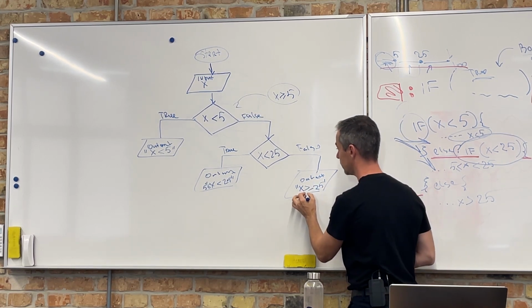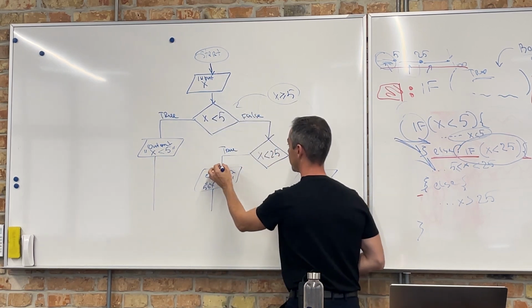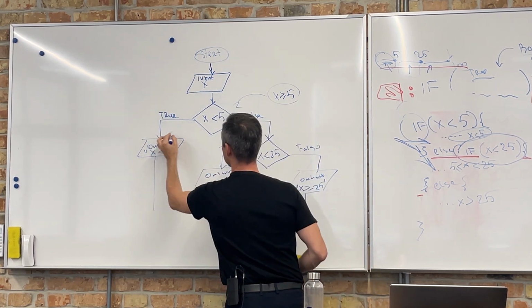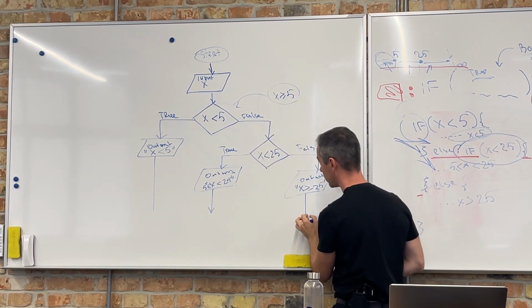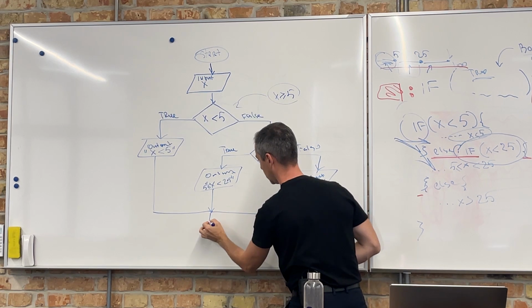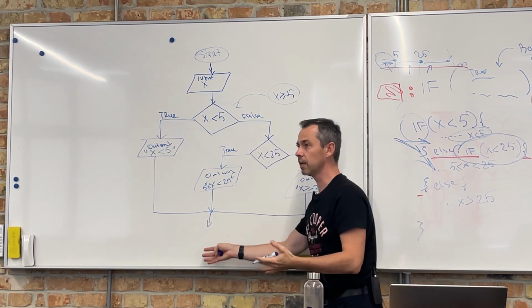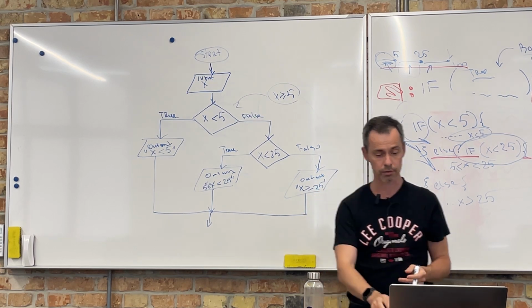Yeah, this is it. Then, what should I do with all of those lines? I could bring them all together, and I could continue my flowchart.